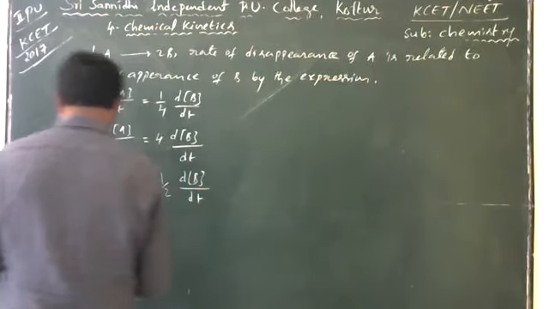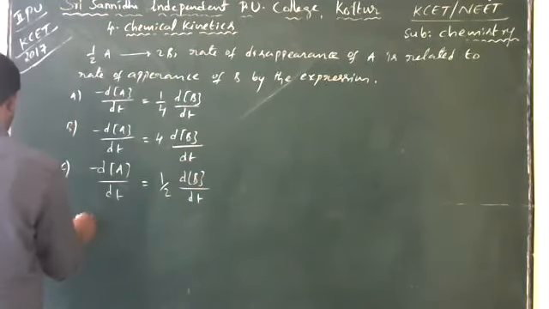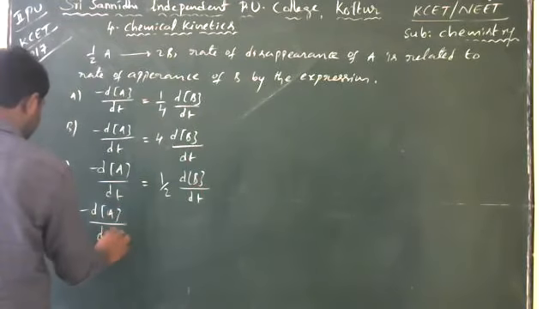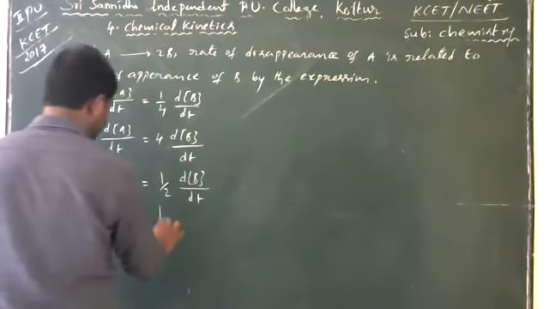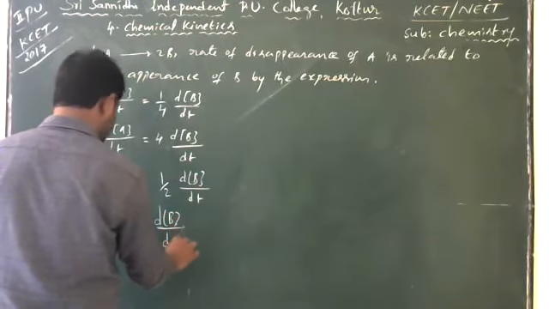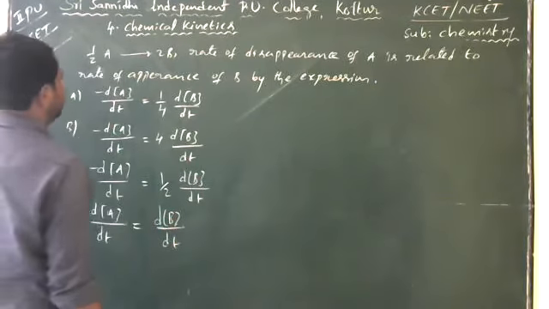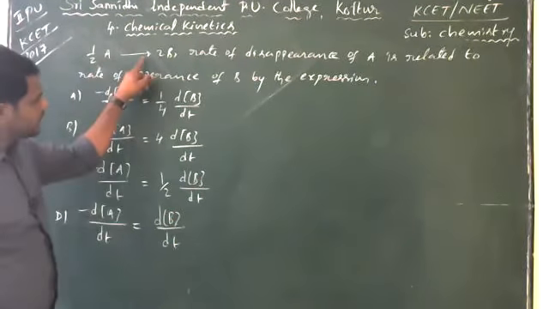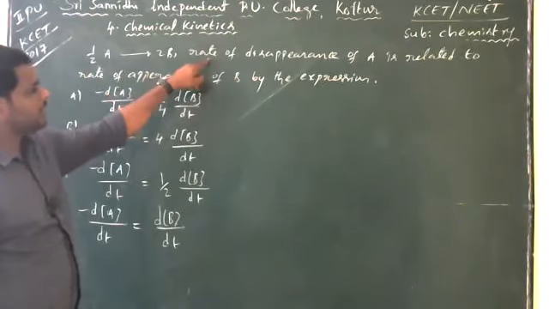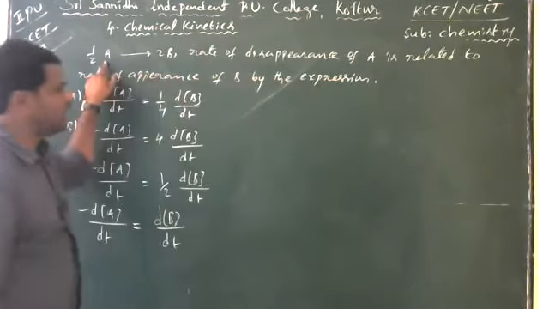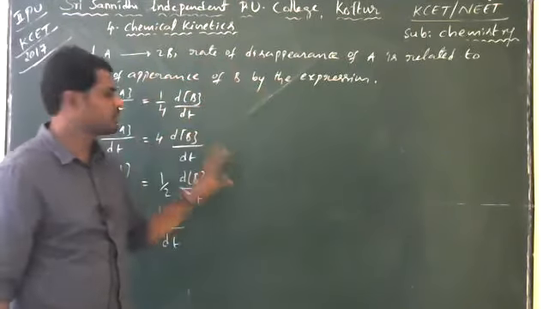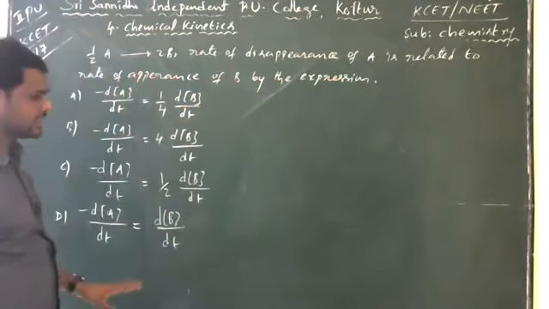Option D is minus d concentration of A divided by dt is equal to d concentration of B divided by dt. See that 1 by 2A gives rise to 2B, which is a chemical reaction. The rate of disappearance of A is related to the rate of appearance of B by the expression. So, you will set up the expression.